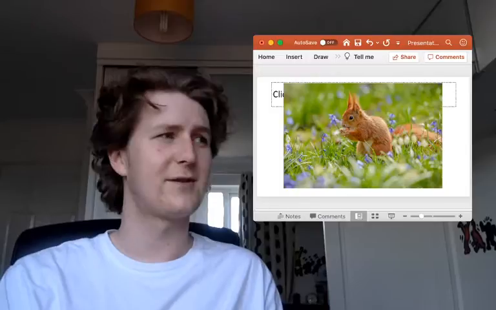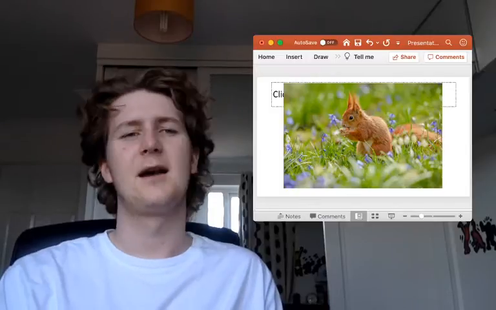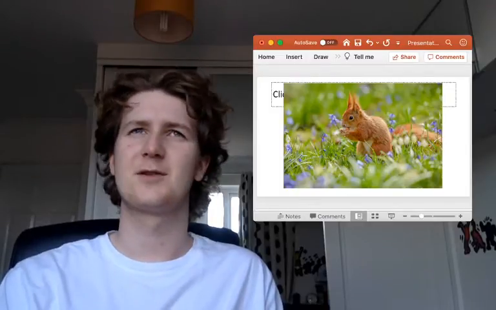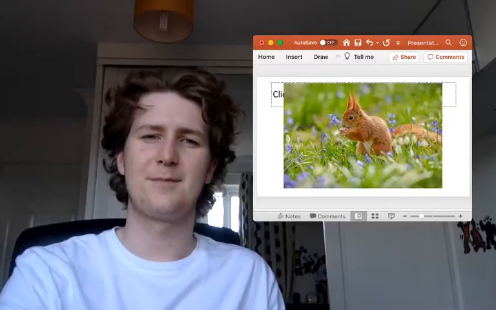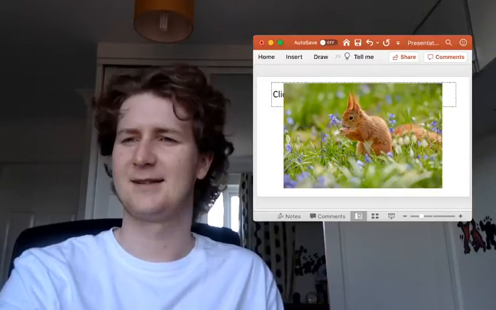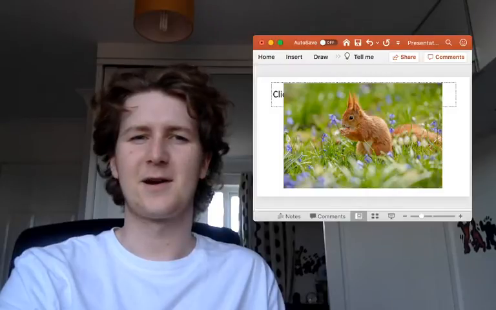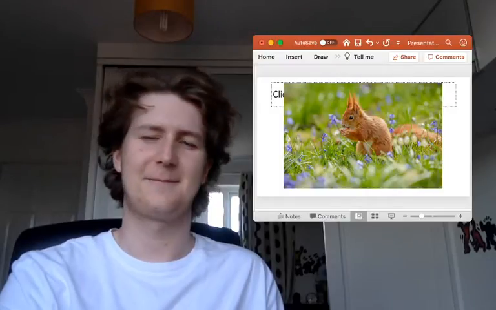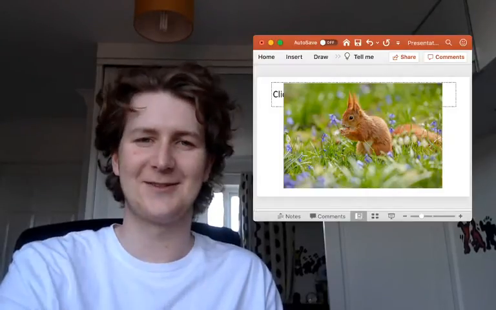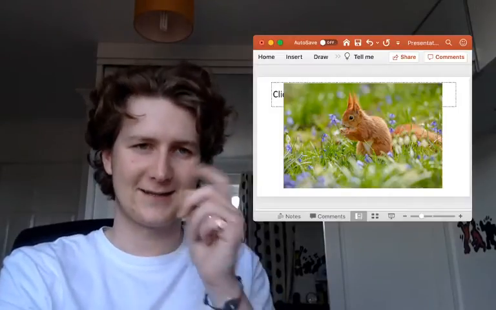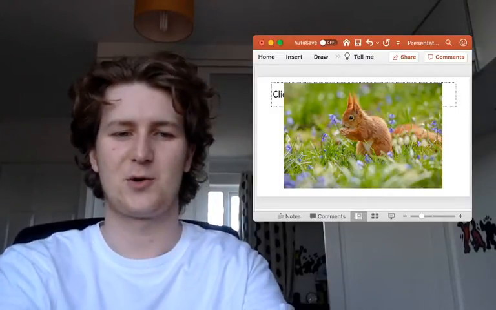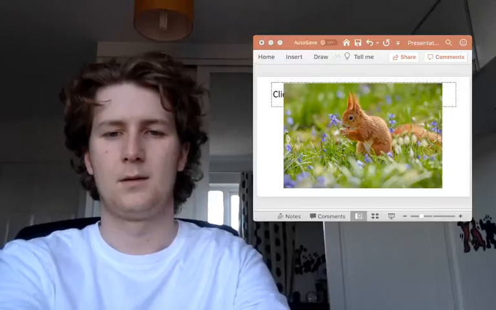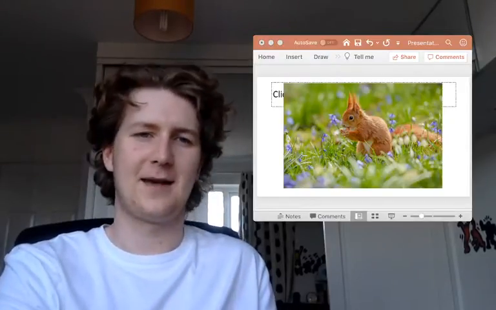You don't see so many of those in this country anymore, unfortunately, because at one point they brought over grey squirrels, who kind of took over. But anyway, going off on a tangent again, it's not really that important. But that is a squirrel. If you didn't know that one.